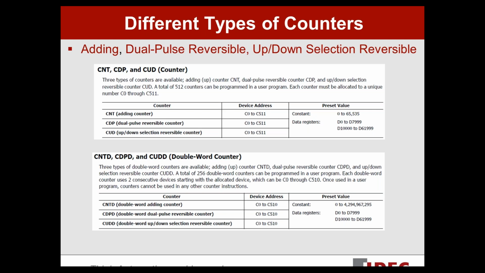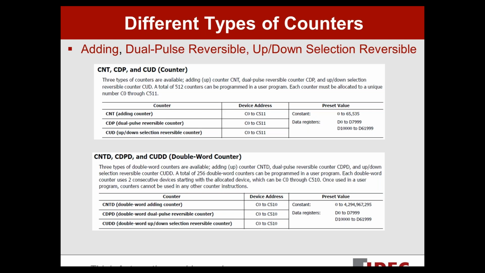In other words, they will allow you to count positive whole numbers from 0 up to a maximum of 65,535. And if you use word counters, you can have up to 512 total counters in your program. You can see the device addresses there. They are all decimal based.